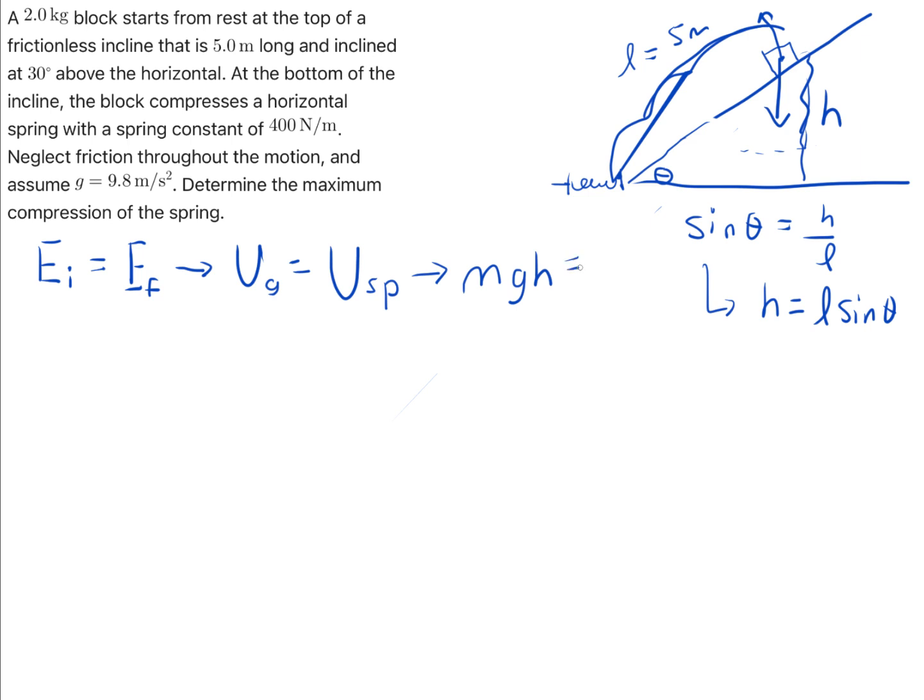And so now we have the gravitational potential energy, and the final energy is stored in the potential energy of the spring, which is given by 1/2 times the spring constant times the distance compressed squared. So now all we need to do is rearrange and solve for x. So first, let's multiply both sides by 2.